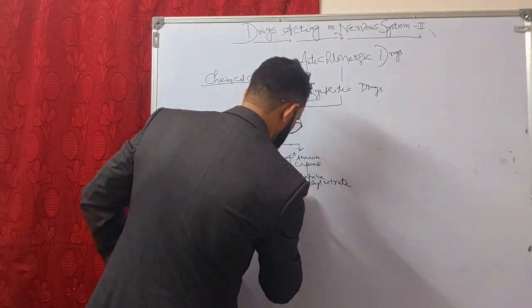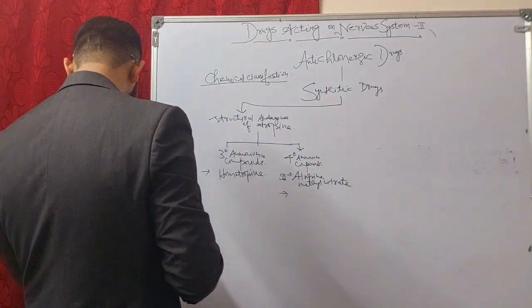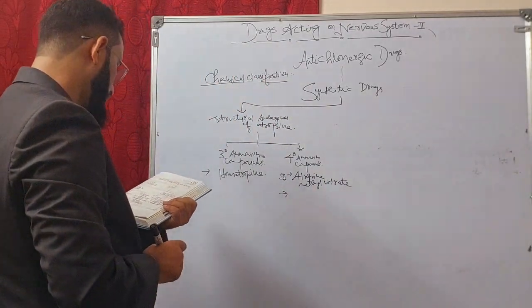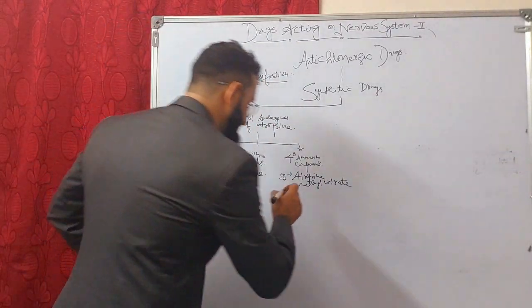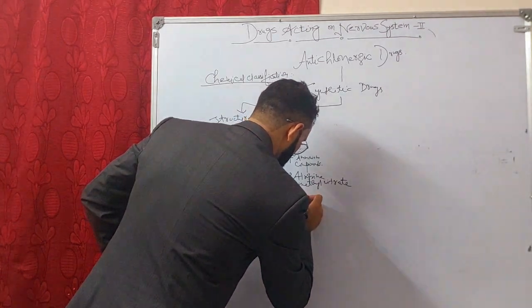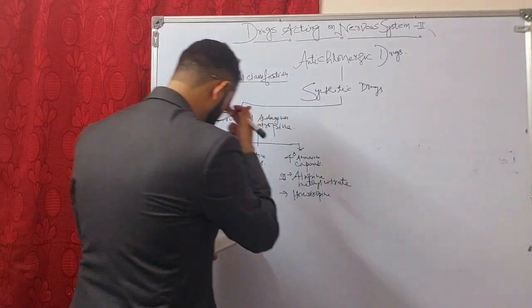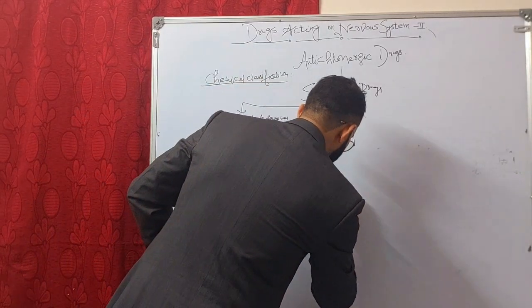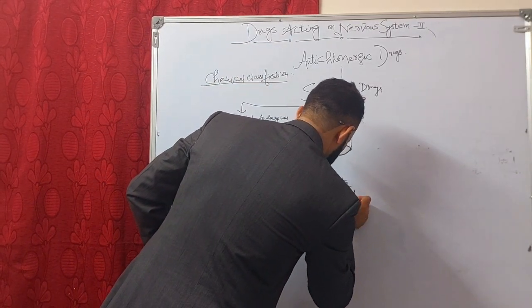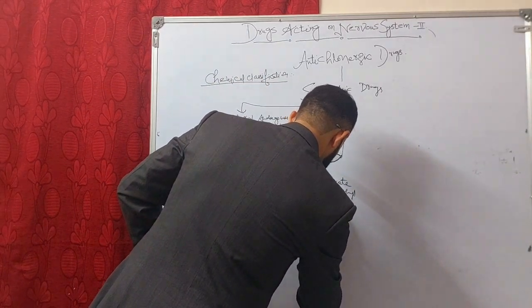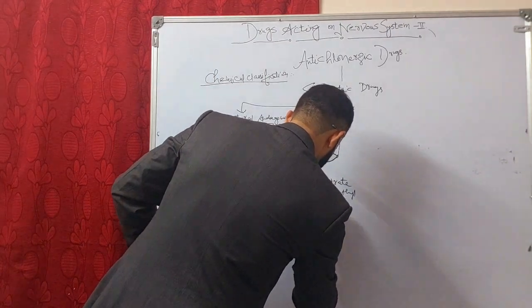This is the first example, and the second example in this class is homatropine methyl bromide.